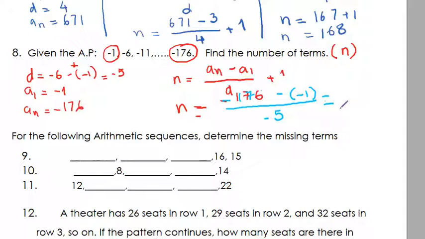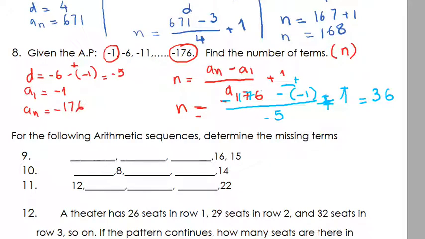Negative 176, and actually it's plus 1, this one is actually plus 1. I just forgot. 36, right? Alright, 36 is the answer.